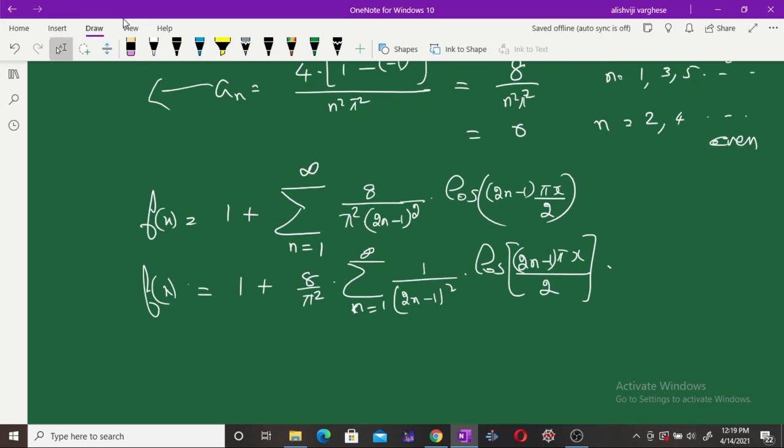And this kind of representation is very useful in further analysis of a Fourier series. So that simplification is strongly recommended. Anyway, let us stop here, and in our next section we will go through more examples of Fourier series and the Fourier series representation of even and odd functions, and a lot more related concepts.